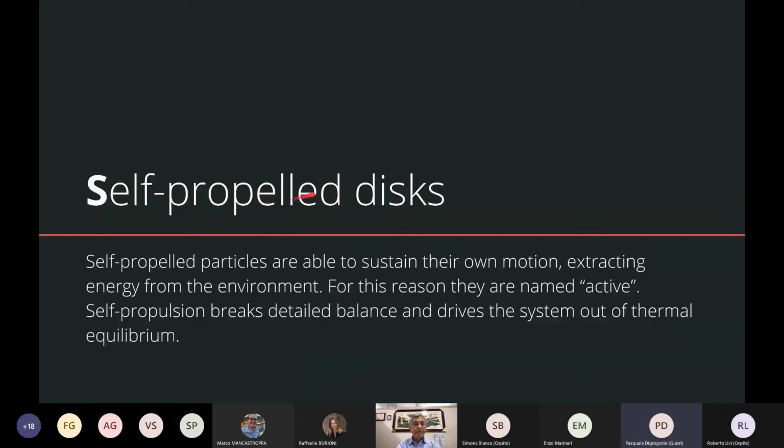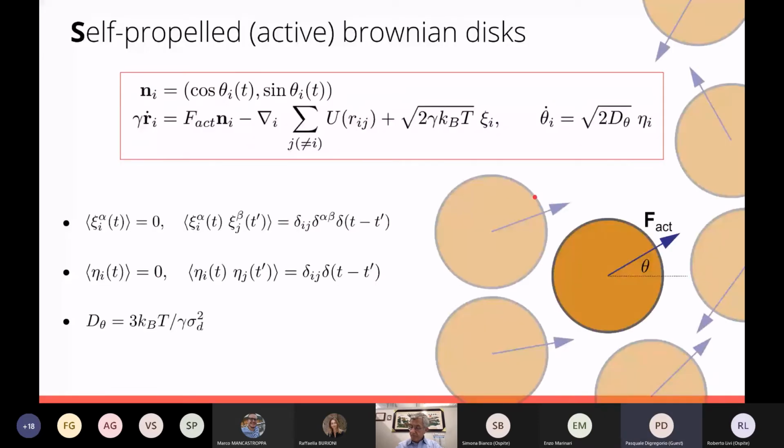The self-propelled disk model is a model where particles are supplied by an amount of energy, and they can transform this energy into directed motion. But the thing is that this injection of energy into the system drives the system out of thermal equilibrium. So we are talking about an out of equilibrium problem.